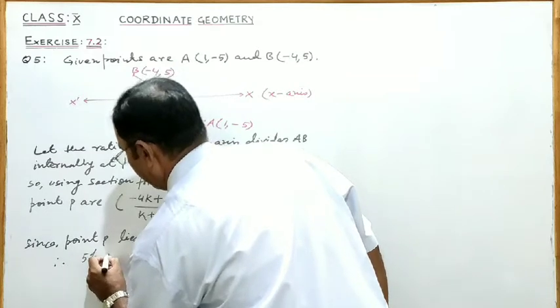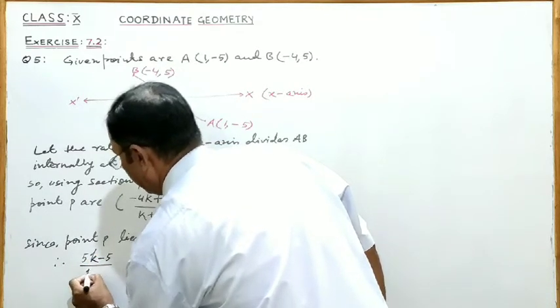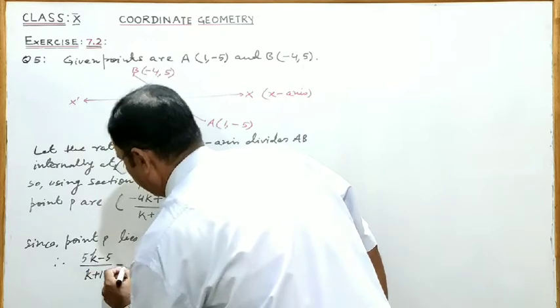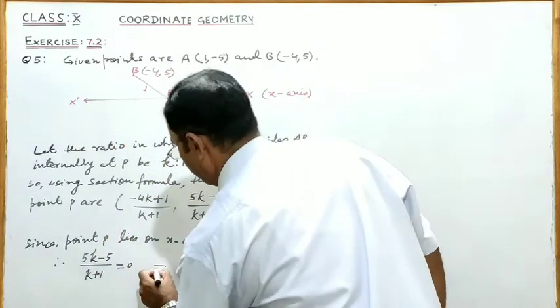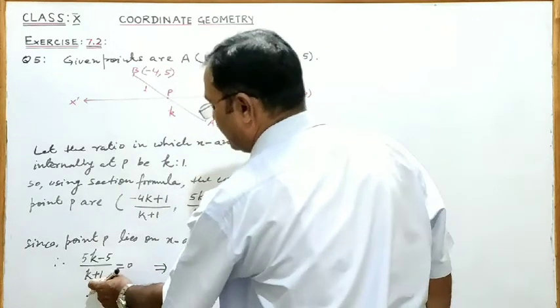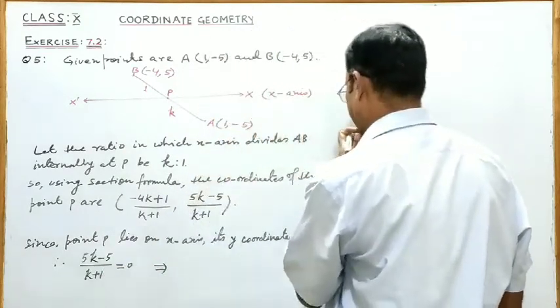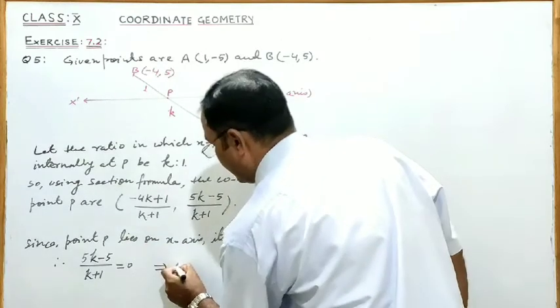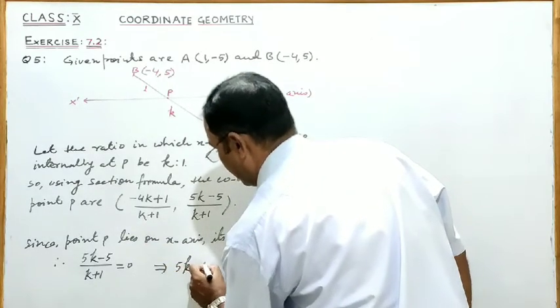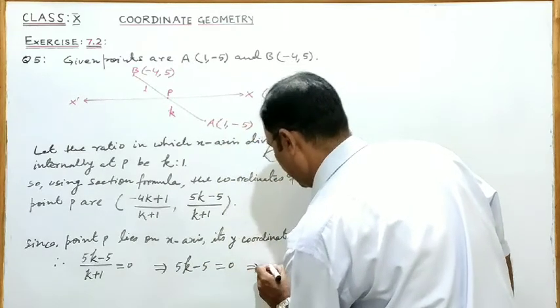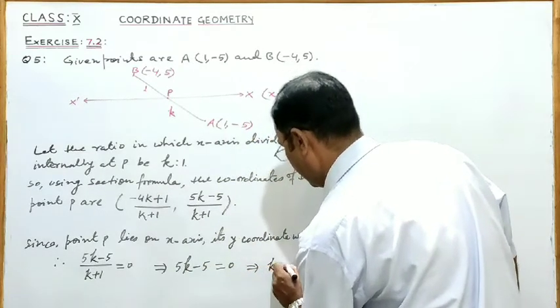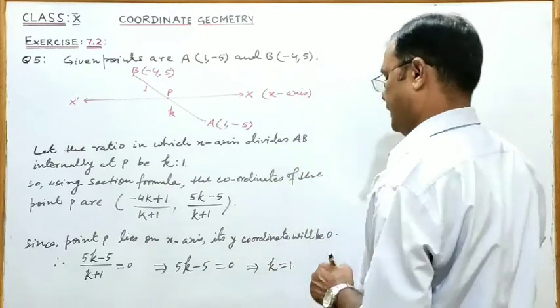If you cross multiply, k plus 1 into 0 will be 0. So 5k minus 5 equal to 0, and this implies k is equal to 1.